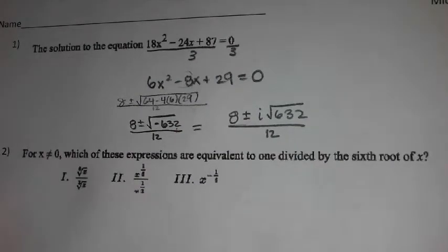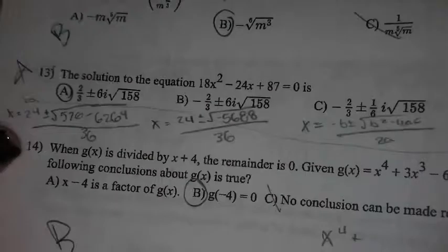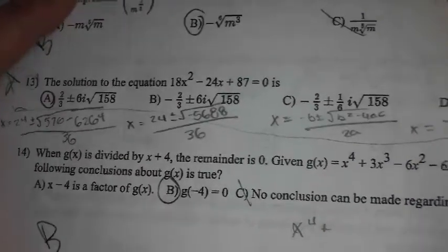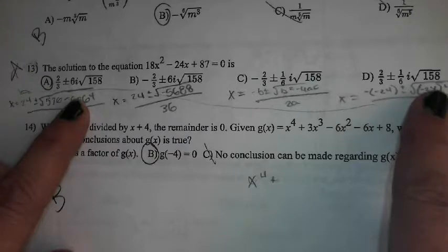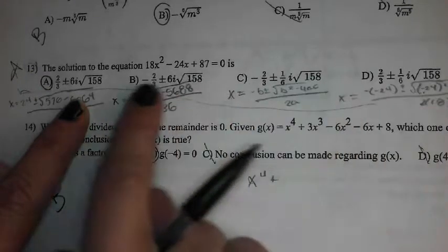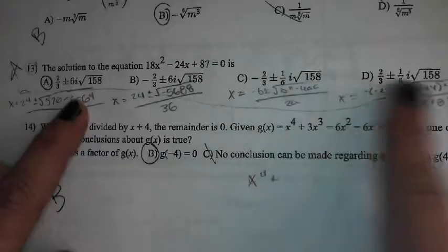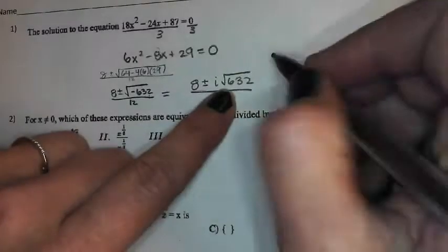Now, there were options for this. So how can we use these options? How can we use these options to help us realize how to break this down? They're all 158, correct? Yes? So we can kind of think about, well, how does 158 go into this number?